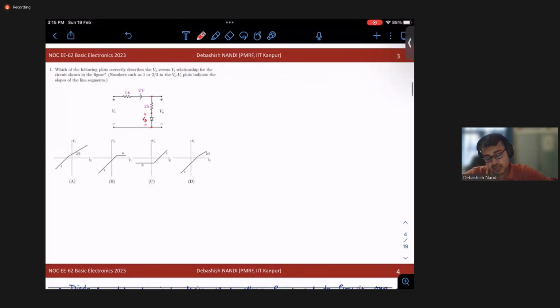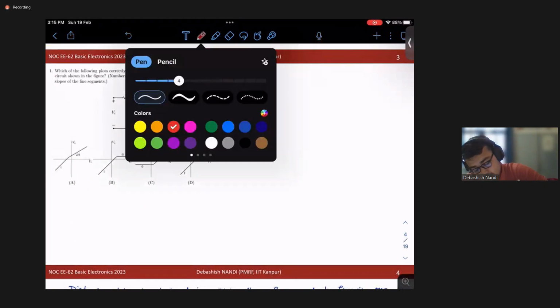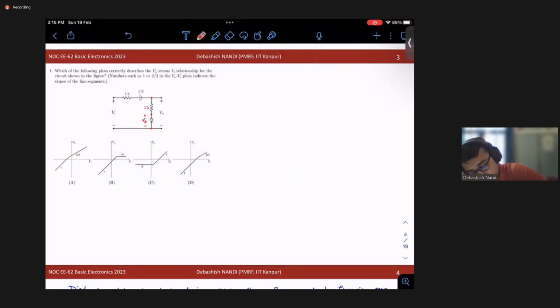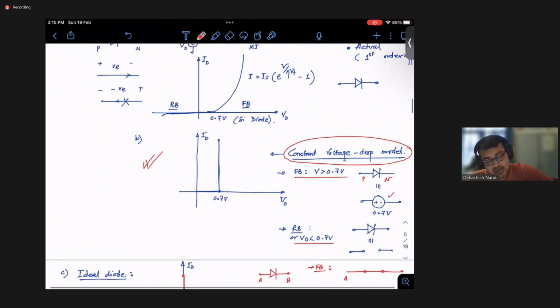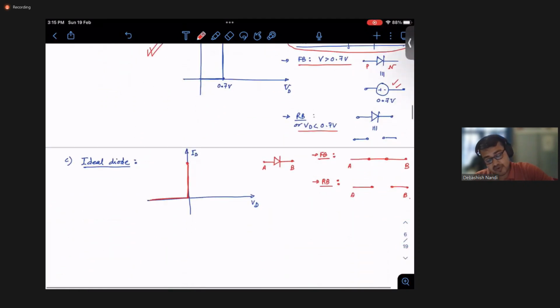The approach would be, you can assume that the diode acts as a switch, as you have seen here, that under one condition it is on, it is conducting. It is more evident from this that this switch is on and this switch is off.